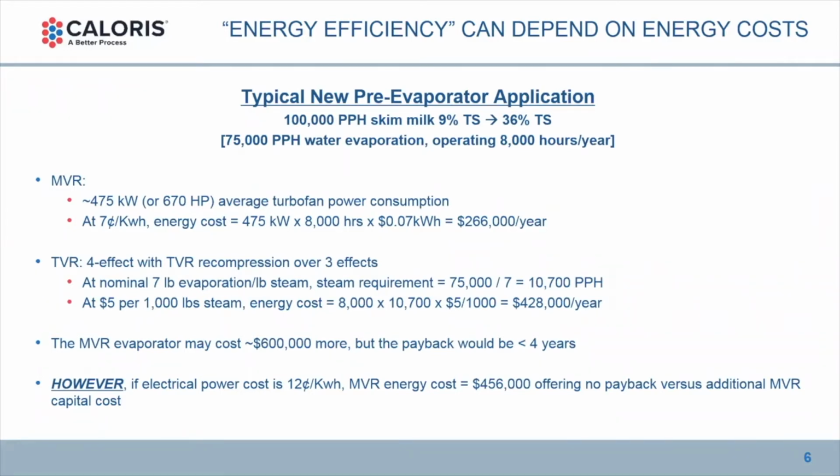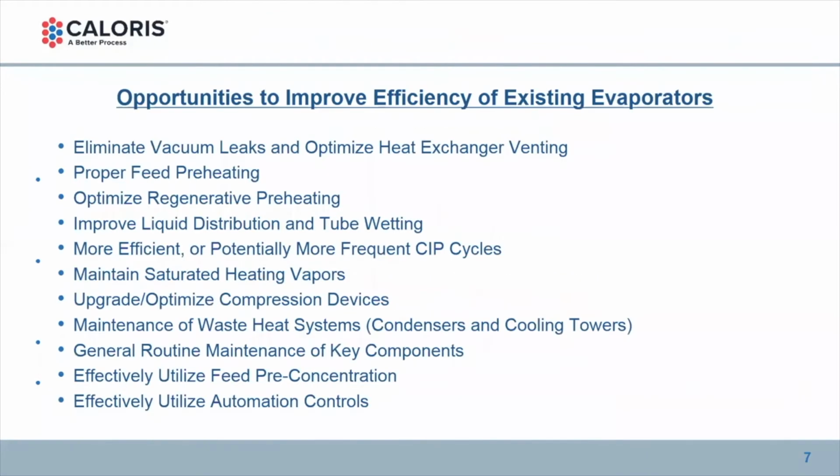Then as I sat down to think about the other factors, production capacity, operational capacity, I came up with a list of opportunities to improve efficiency of an existing evaporator. Because often our customers have existing evaporators, and the first thing they want to do is improve the efficiency of that evaporator.